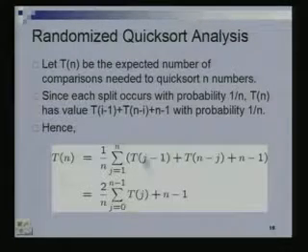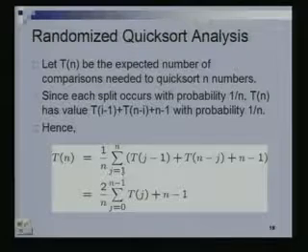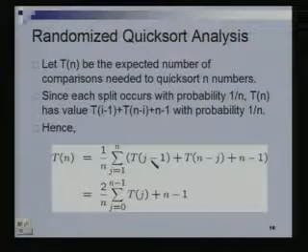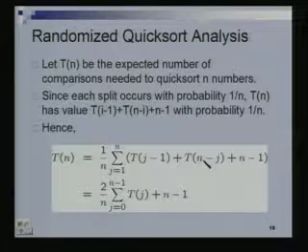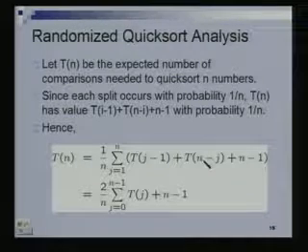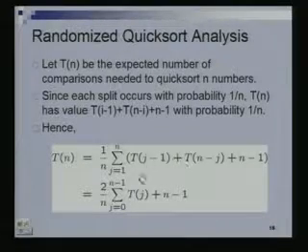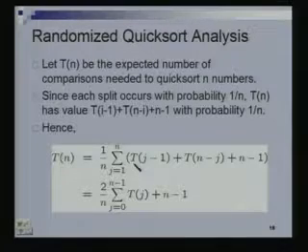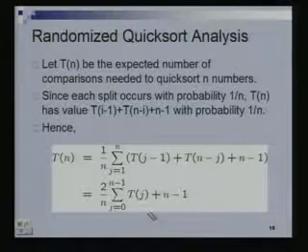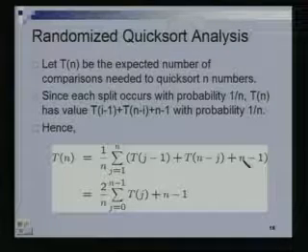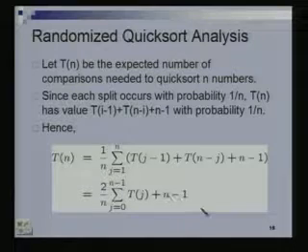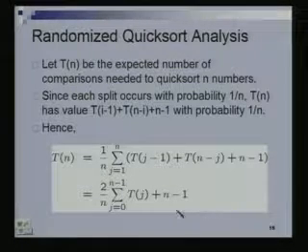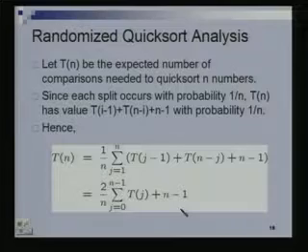As j varies from 1 through n, this quantity varies from t0 to t(n-1), and this quantity also varies from t(n-1) to t0, which means every term t0 to t(n-1) appears twice. So, I can write this part of the sum as this, and this n minus 1 we are summing n times and then dividing by n. So, it is just plus n minus 1 separate, and this is a recurrence we saw in the last class.